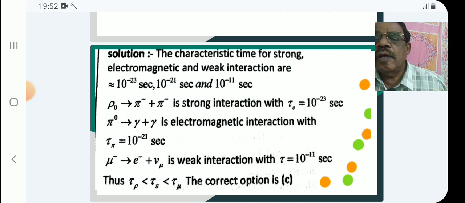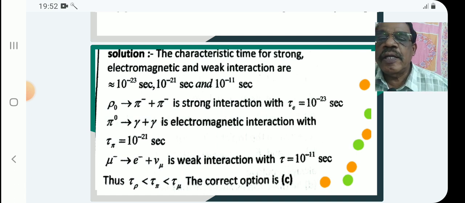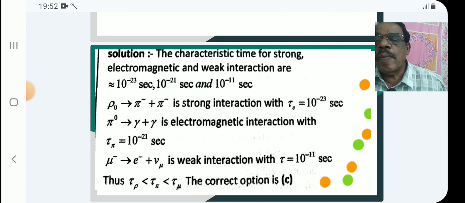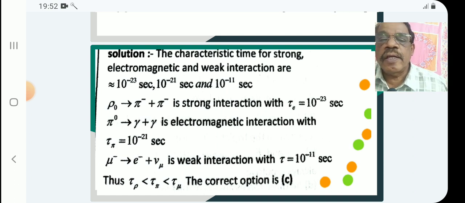P gives pi plus pi minus, it's a strong interaction. Therefore tau p is equal to 10 raised to minus 23 second. Pi 0 gives gamma plus gamma, an electromagnetic interaction with decay time tau pi equal to 10 raised to minus 21 second.